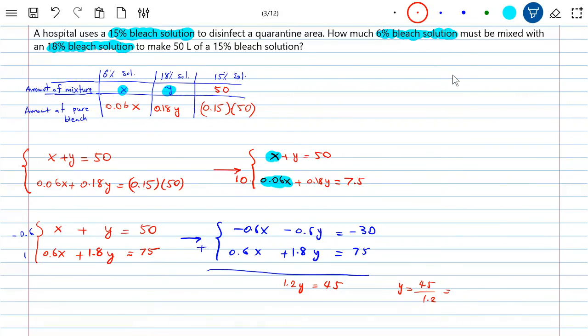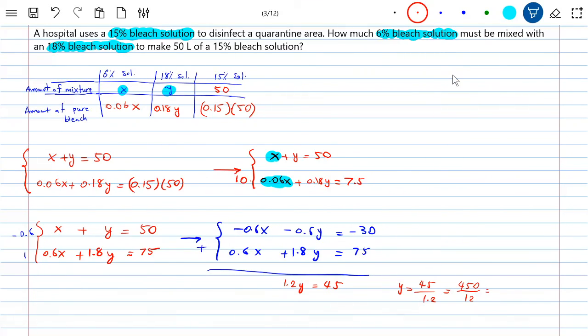And you can simplify. So this is 450 divided by 12. You can divide by 4. Maybe I should use a calculator. One second.